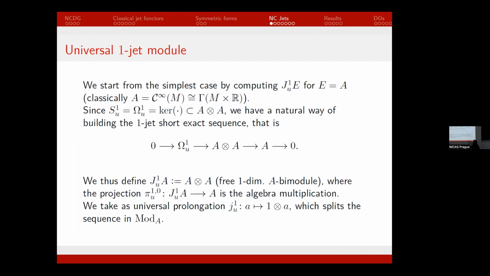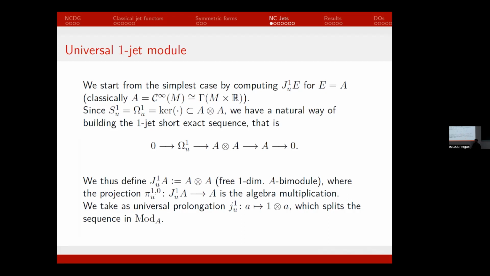Now as projection, of course, we take the product, as I said before, and as prolongation, we take the map that maps an element A into one tensor A. And we can see that it splits the sequence as we want. It's the only one that splits the sequence that is also right A-linear.